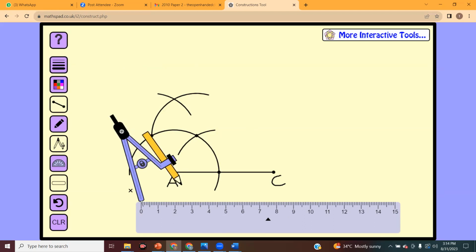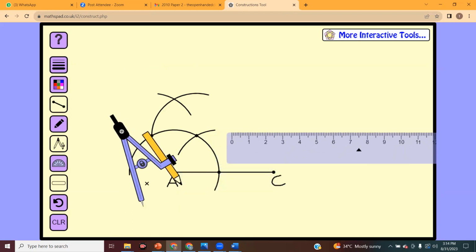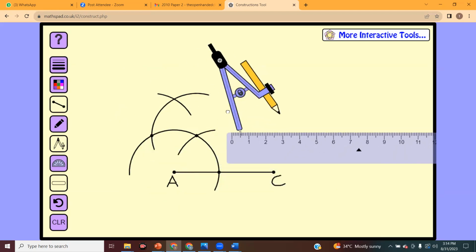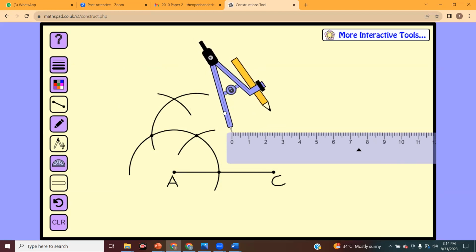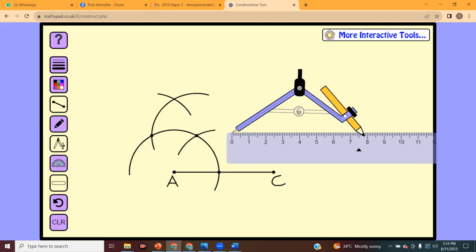All right, so let's go over here and make sure we have the right numbers. It has to be 8 centimeters. So we could unlock it now and make sure that this is 8 centimeters. All right, that's 8 centimeters.